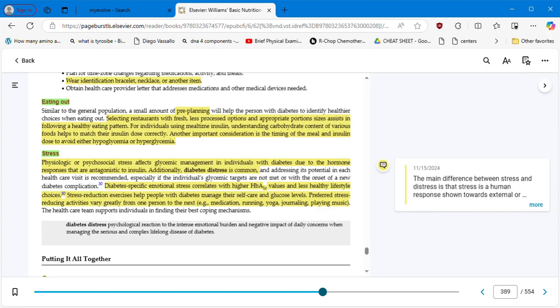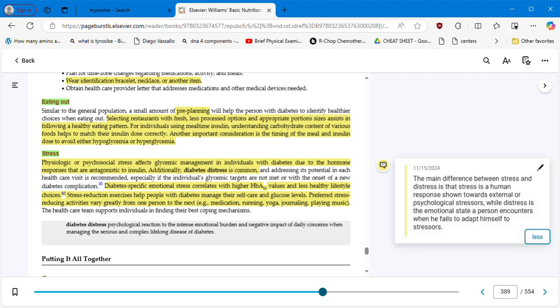Additionally, diabetes distress is common. And the main difference between stress and distress is that stress is a human response shown towards external or psychological stressors, while distress is the emotional state a person encounters when he fails to adapt himself to stressors. So that is the difference.